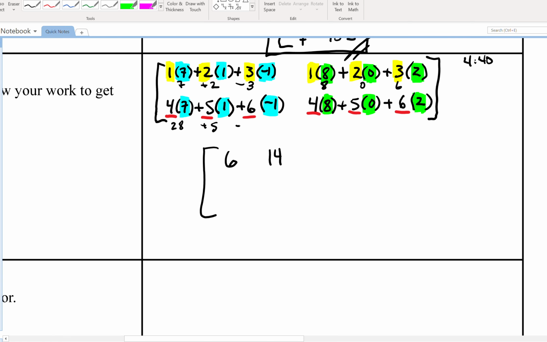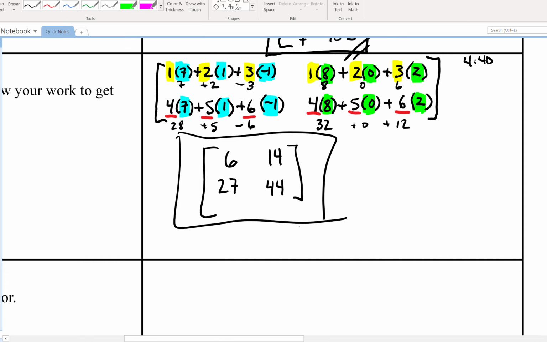Plus 5 minus 6. And so this would be 27. And over here I've got 4 times 8, 32. Plus 0 plus 12. So that would be 44 here. And that would be your final answer there.